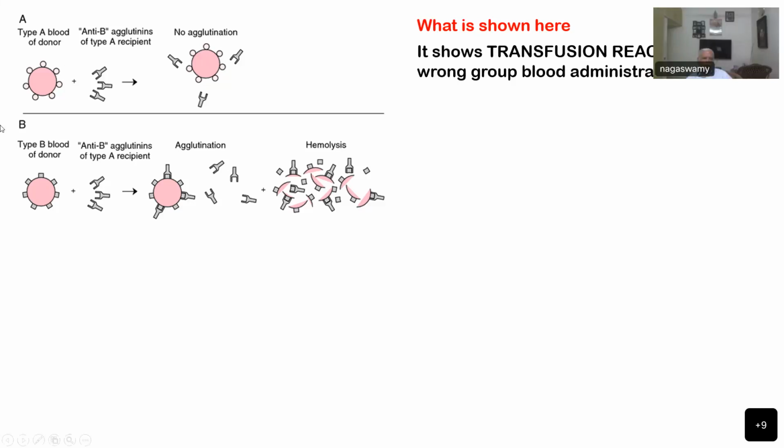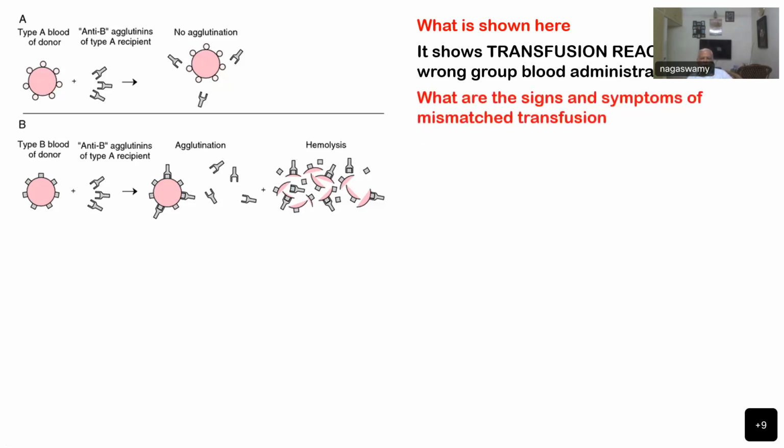Especially B indicates that you give an A group patient a B group blood, then these are the things that will happen. Whereas if you give the correct A group, no agglutination will happen, it will be a normal transfusion. So this picture is mainly to show the mismatched or wrong transfusion.